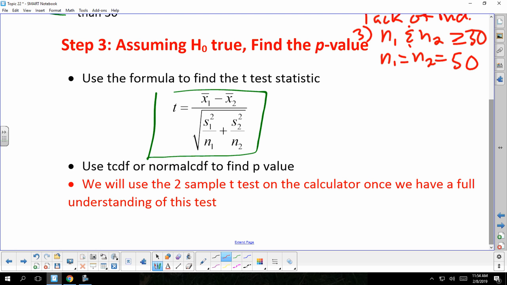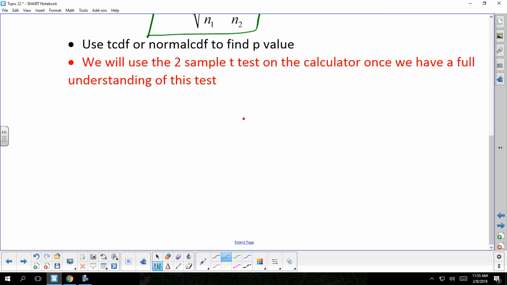All right, so let's go ahead and get out our calculators and calculate our test statistic and our p-value. I don't know if this will work on the recording, but we'll give it a whirl and see if it's still recording.